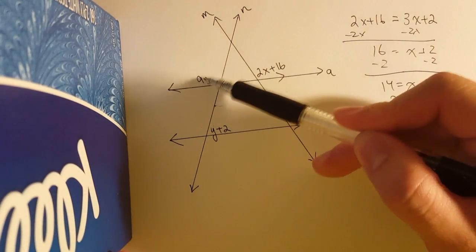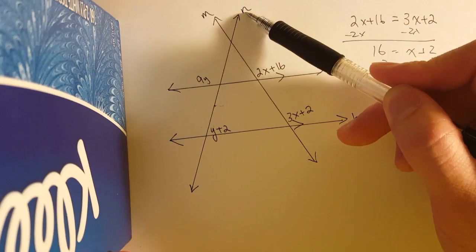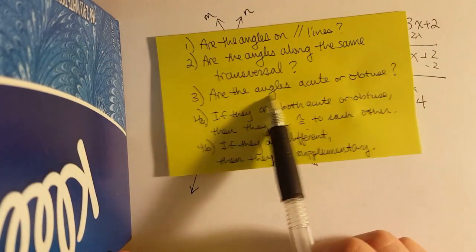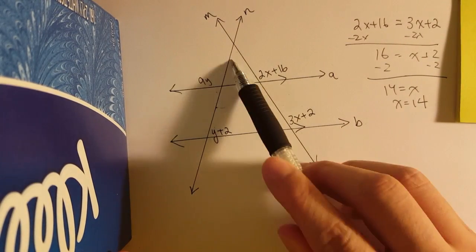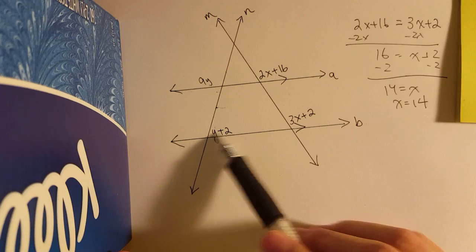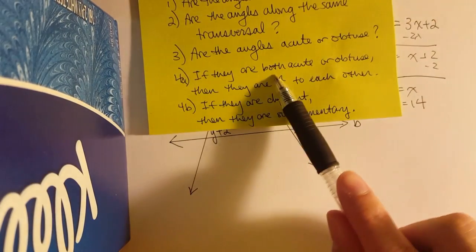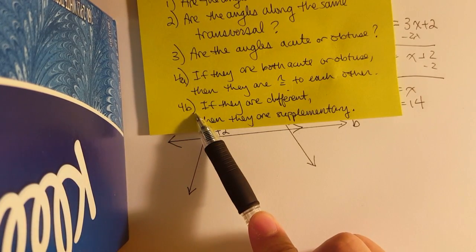Yes, they are, because they follow transversal N, so 9y and y plus 2. Are the angles acute or obtuse? I noticed that this one is obtuse, and this one is acute. And so they are not both acute or both obtuse, so I can't follow this one. So I'm going to go for B instead.